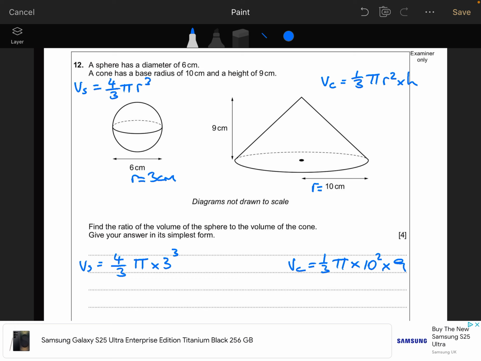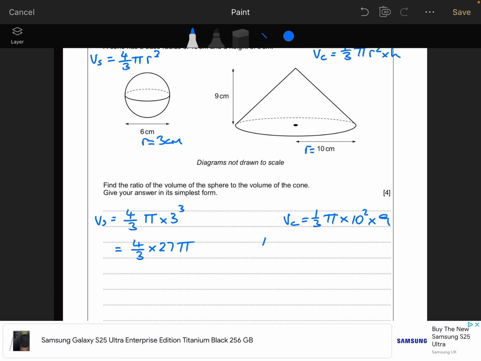I probably want to try and simplify that a little bit. So I've got 4/3 times, well, 3 cubed is 27 pi, but also I can divide by 3 here, so 27 divided by 3 is 9, and then 4 times 9 will be 36.